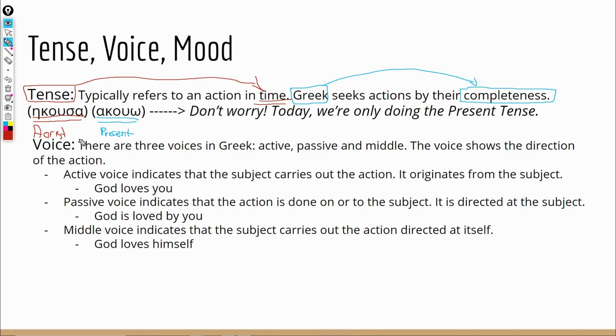And what the aorist means is that the action is complete. So if akuo in the present tense means the action is ongoing, and you could translate that as I am hearing, how do you translate I am hearing as a complete action? You would say I heard.